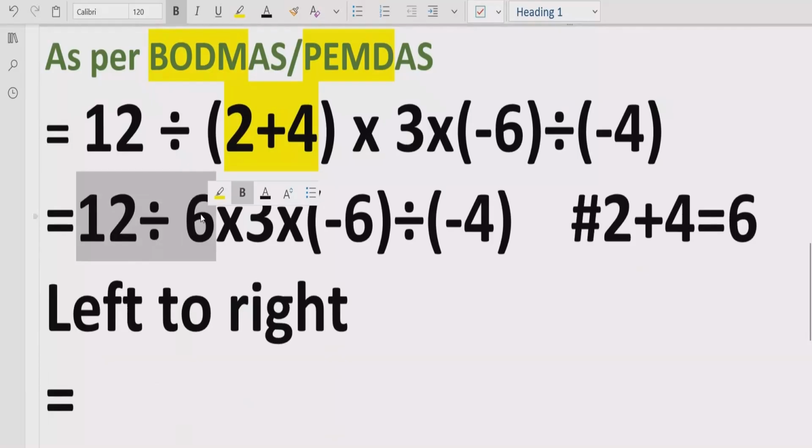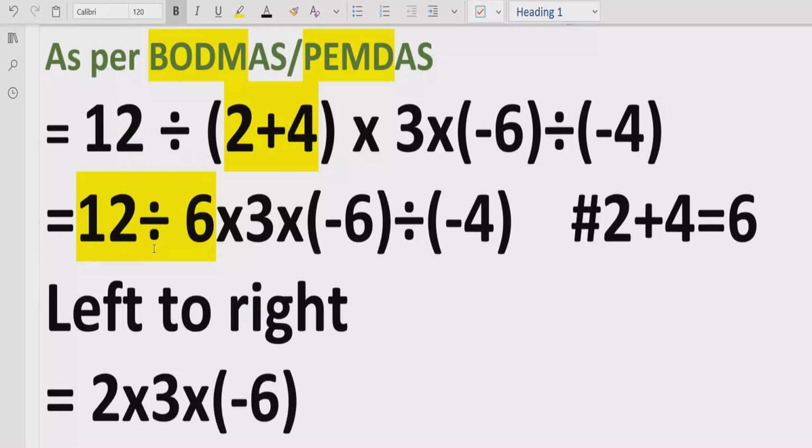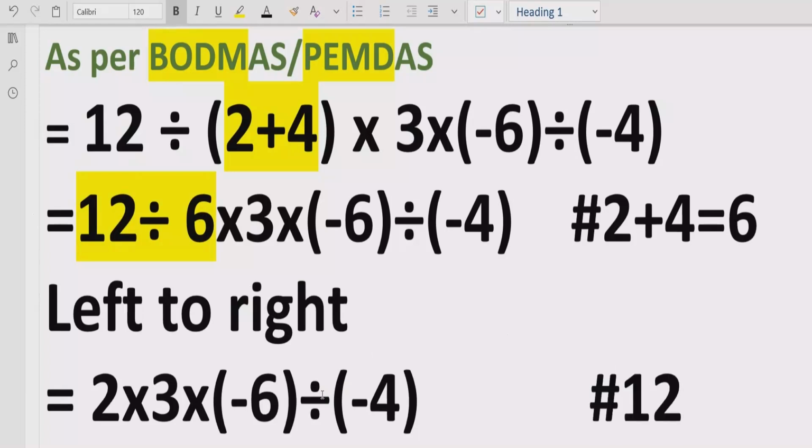So 12 divided by 6, we will write 12 divided by 6 equals 2, multiply by 3, multiply by minus 6, and divided by minus 4. And here we have to give the reference like 12 divided by 6 equals 2.